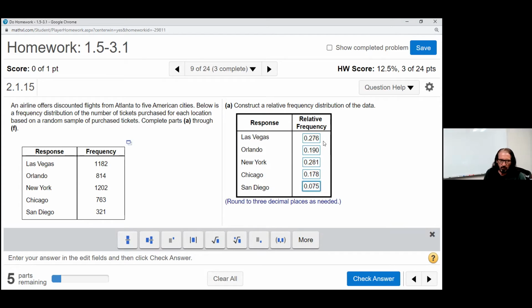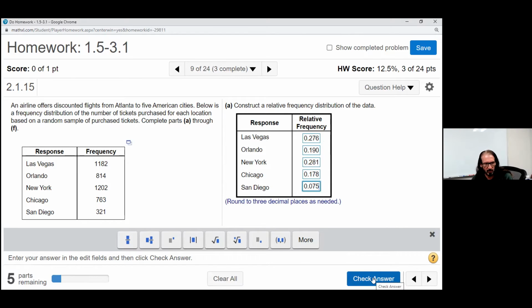If it weren't for the rounding, these should add up to 1 in a relative frequency table. But I rounded down 3 times and up twice. Luckily, it still adds up to 1. It's a good sign. That doesn't mean I did everything right.